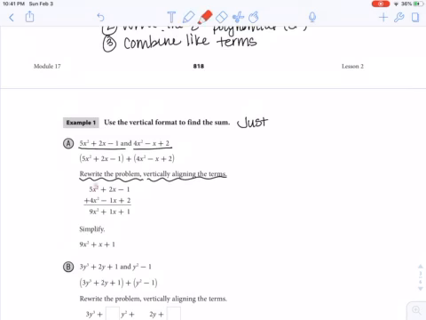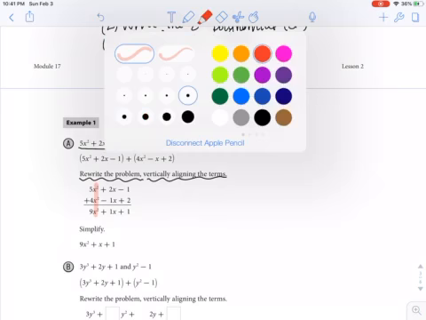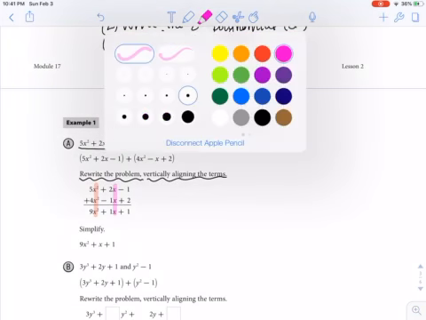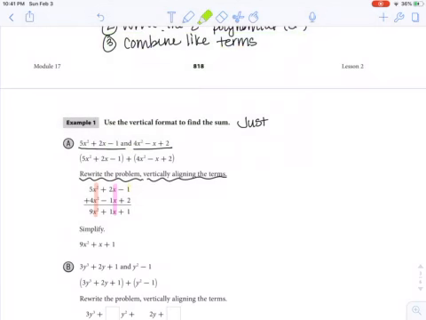And so we see that we have our x squared in a row, we have our x's in a row, and then we have our constants in a row. And we end with 9x squared plus x plus 1, right? Because we see that 5 and 4 is going to give us 9, 2 minus 1 is going to give us 1, and negative 1 plus 2 is going to give us a positive 1.